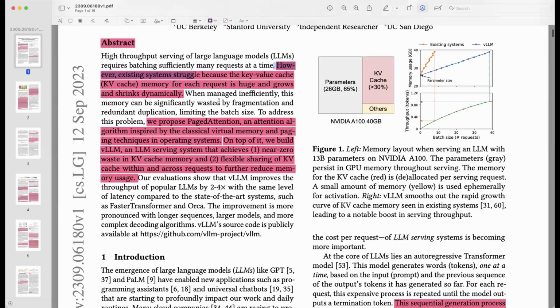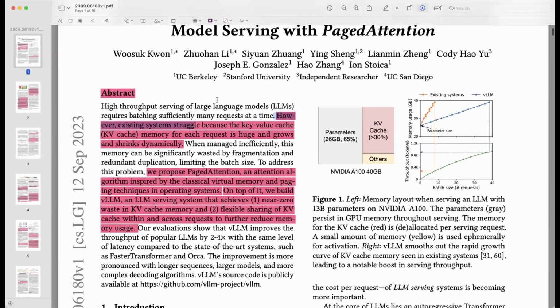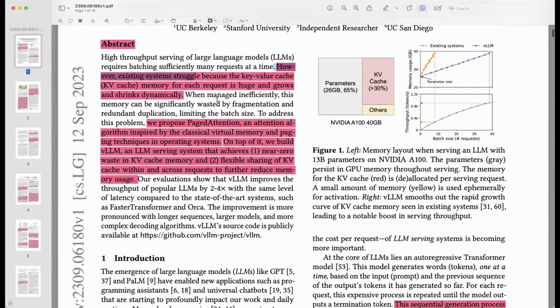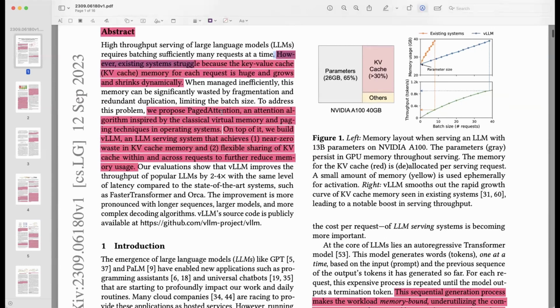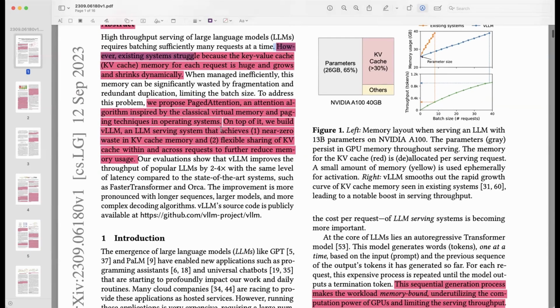Based on this problem specific to LLMs, this paper proposes PagedAttention, which is an attention algorithm inspired by the classical virtual memory and paging techniques in operating systems. This is very similar to the problem you have in operating systems, where not all processes occupy the same amount of memory in RAM.